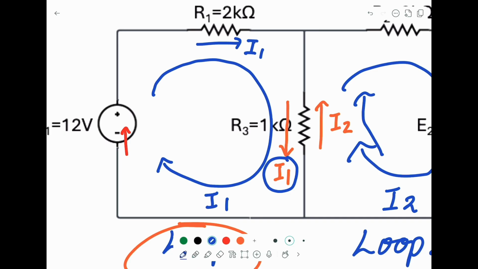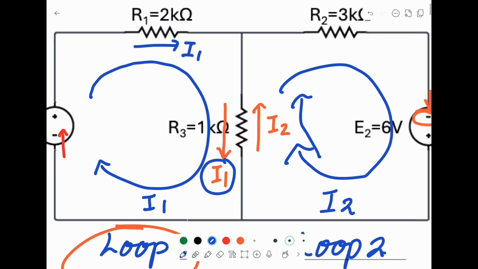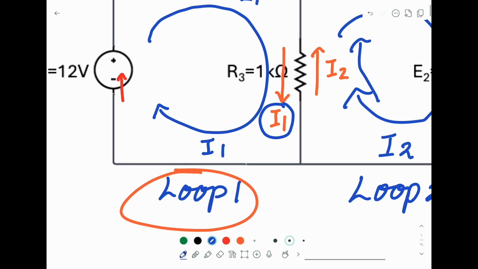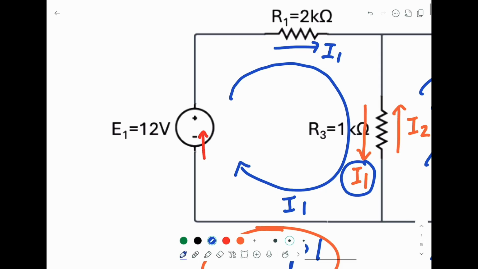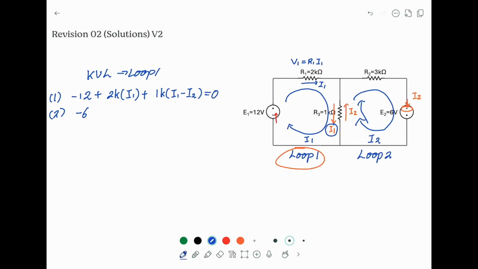So the overall current passing through R3, we can say this is I2 minus I1 from the perspective of loop 2. So we are analyzing loop 2. We plus R3 is 1K, and this time is I2 minus I1 to make sure the overall current is along I2.